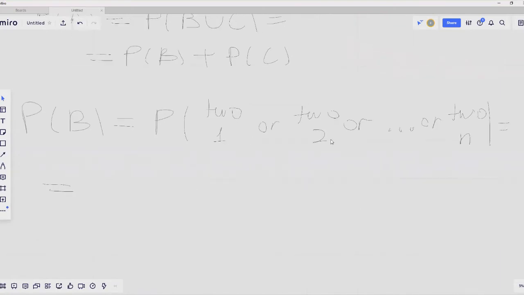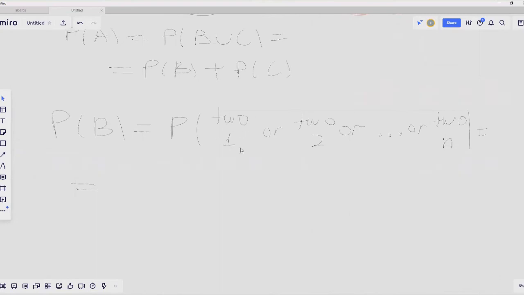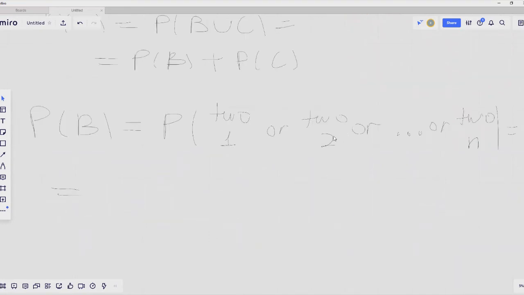Now, all these are mutually exclusive, so we can't have an event of drawing two chips numbered 1 and two chips numbered 2 at the same time, obviously. So this can be expressed as the sum of these.